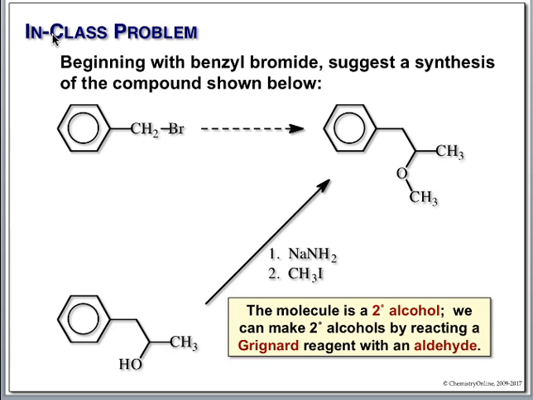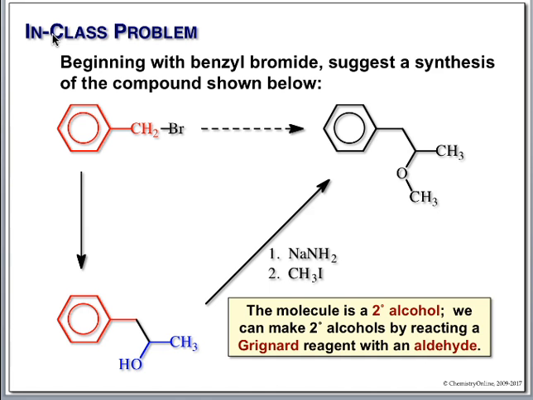If we do a Grignard with an aldehyde, we will make a secondary alcohol, right? So this has got to be our alkyl halide, so this is going to be our Grignard reagent. What aldehyde do we need? It has to have 2 carbons and a carbonyl. This is our Grignard half in red.